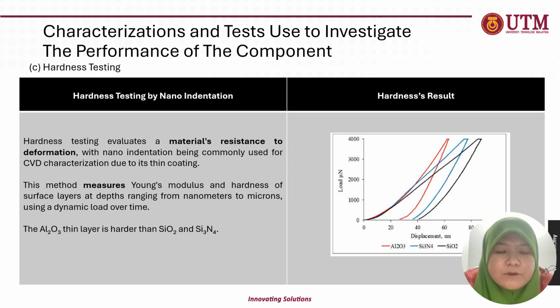We have three types of layer: aluminum oxide, silicon nitride and silicon oxide. Aluminum oxide, the red one, has a higher hardness than the others, which indicates wear resistance. When we apply a high load, the displacement of the aluminum oxide is much smaller compared to other coating layers. That is how the hardness result is interpreted.